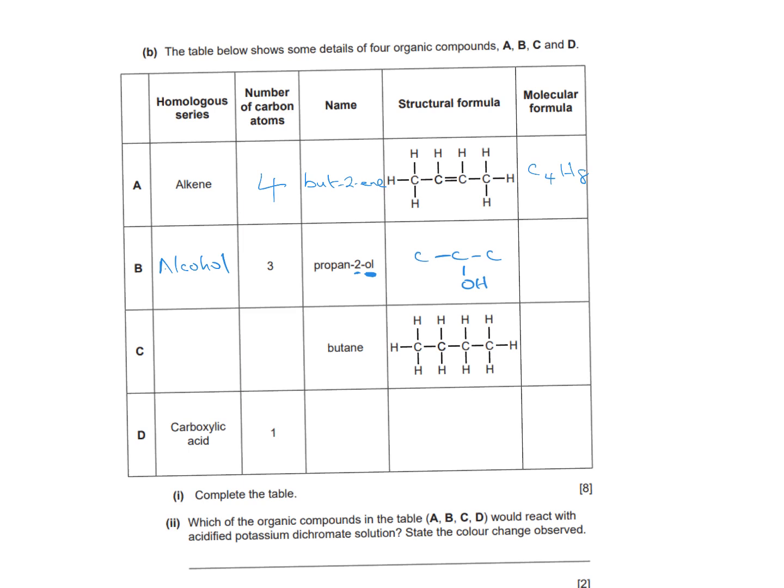Be careful here that the bond is going to the O. Don't be writing it like this if I do it over here. Okay, so that's wrong because it looks as though this bond is going to the H. And then surround the rest of the molecule with hydrogens.